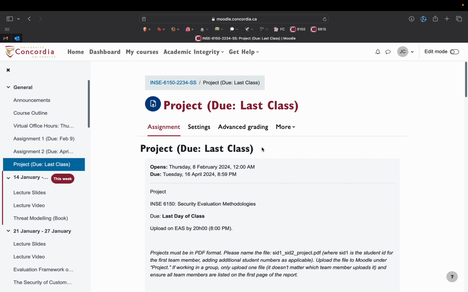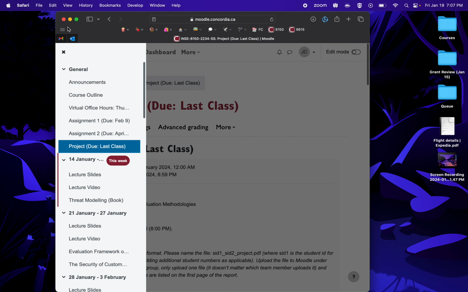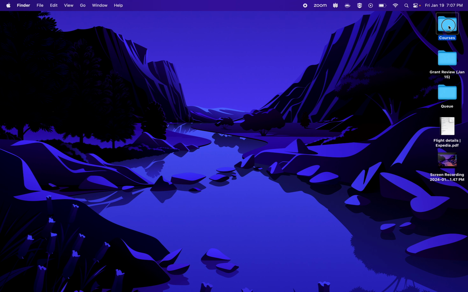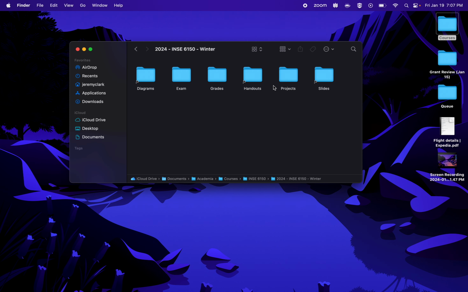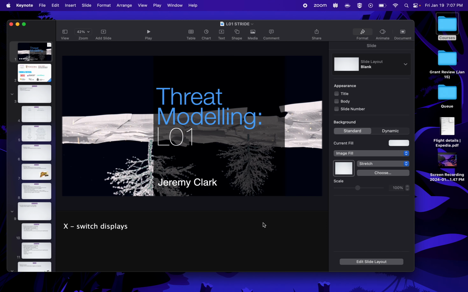I'll try. It's in Keynote, which is an Apple-only thing, but I'm going to do my best to get it on this other computer. I have a PDF of the lecture slides already on the course, so I'm just going to use it.